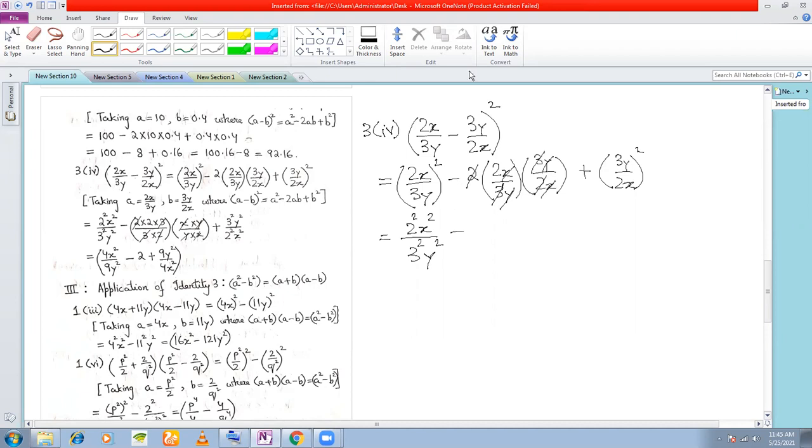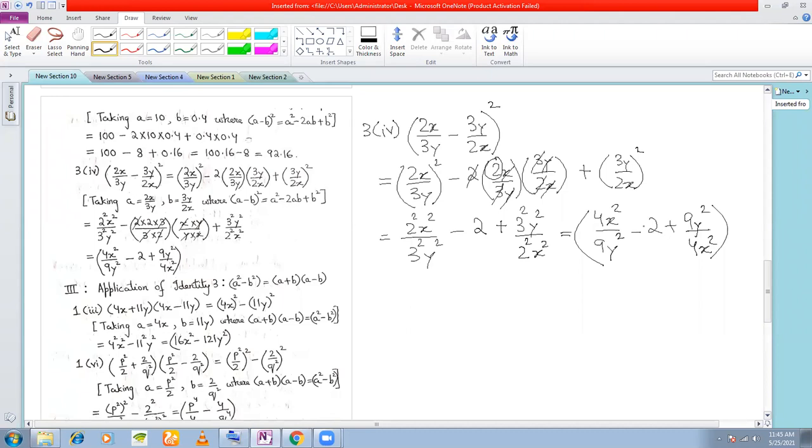You're only left with a 2 here, so minus 2, and here you have 3 square y square by 2 square x square. So finally you get 4x square by 9y square minus 2 plus 9y square by 4x square. That is what your answer is.